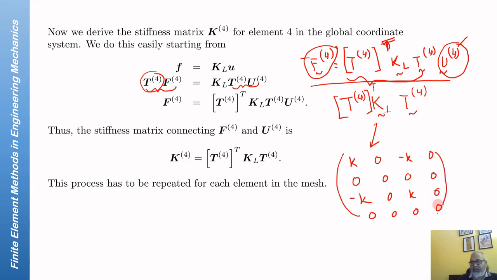This is my KL, and if we know theta, we can find these matrices. Multiplying them will give me the local stiffness matrix in the global coordinate system.